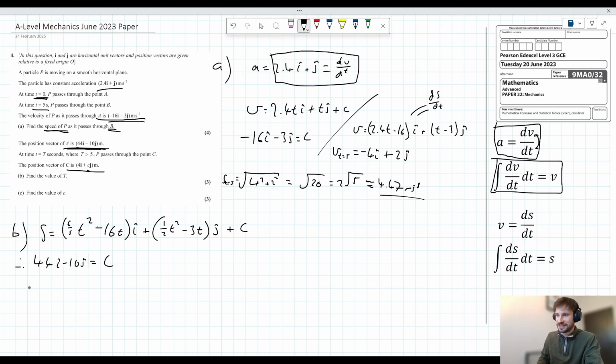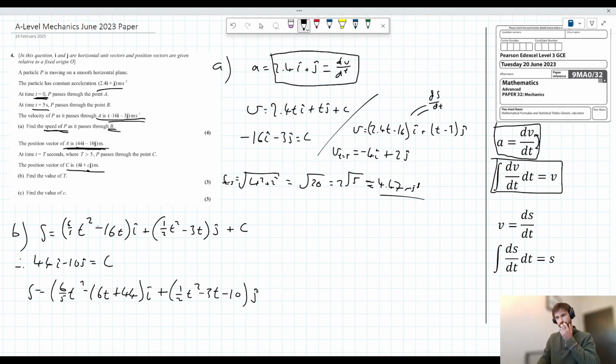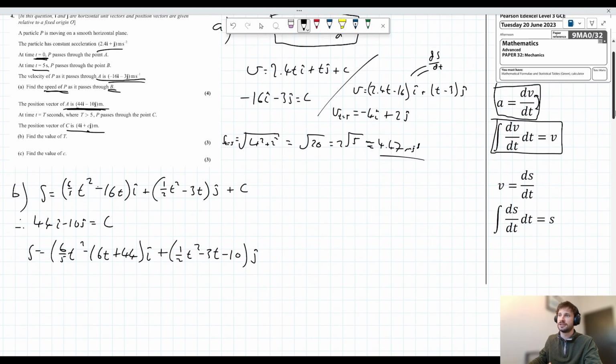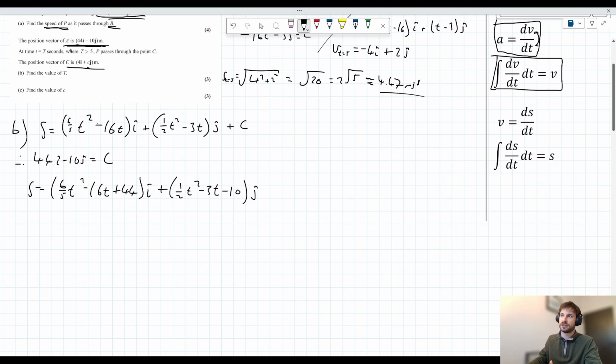Combining these ideas, let's write this whole thing out, just to be complete. So we have the displacement of the particle as a function of time here. And we note that when t is equal to capital T seconds, the particle passes through point C, and that the position vector of C here is 4i plus cj.